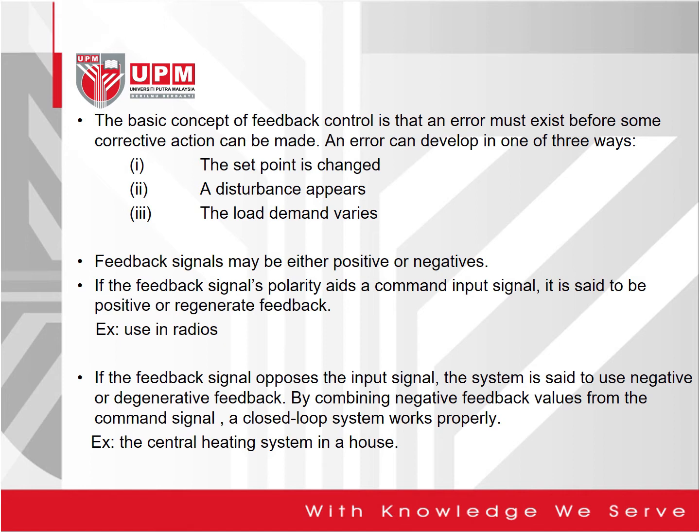This is the example. The error might occur because the set point is changed. Suddenly you change it; before this you set the temperature to maybe 10 degrees, and then you change it to 20. When it suddenly changes, there could be an error there.